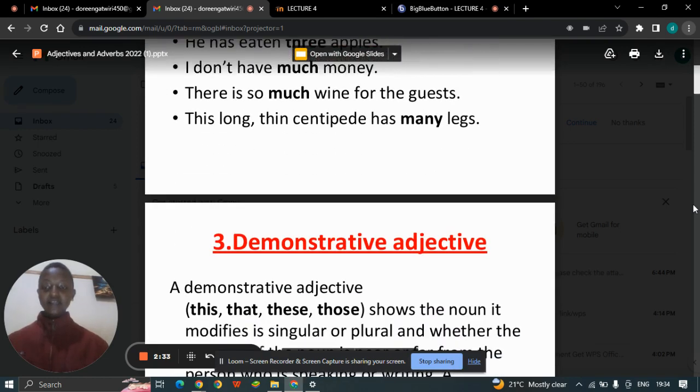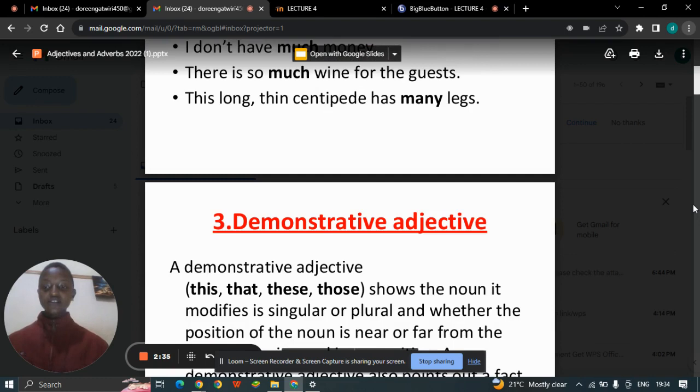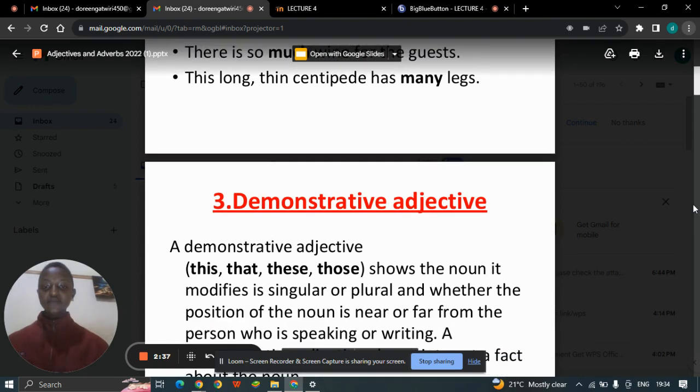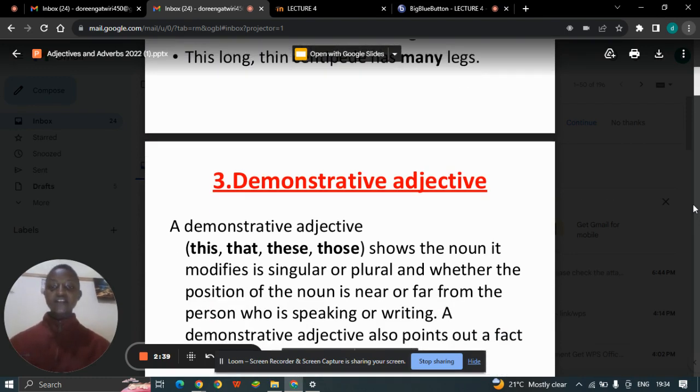Number three, another type: demonstrative adjectives. Demonstrative adjectives include this, that, these, and those. They show the noun it modifies is singular or plural, and whether the position of the noun is near or far from the person who is speaking or writing.